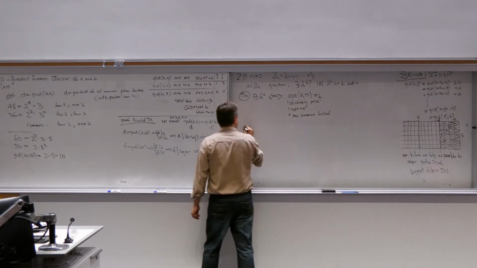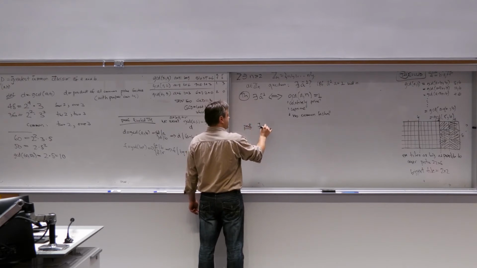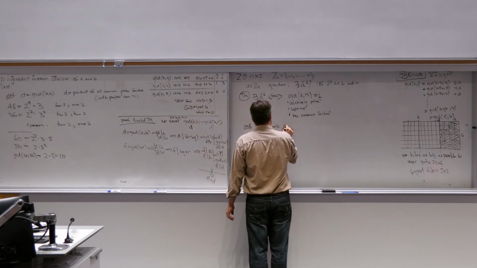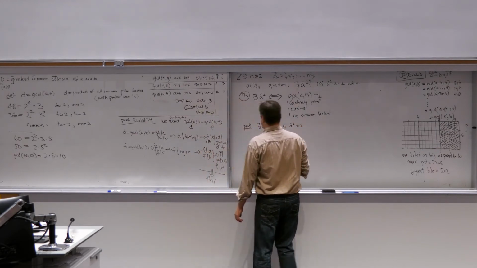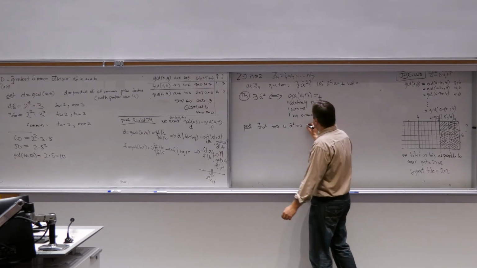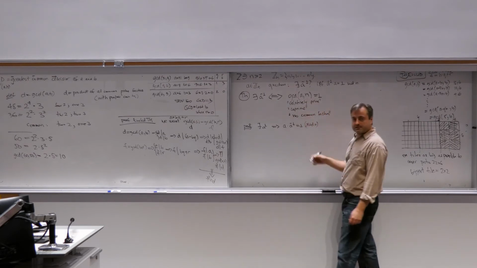So let's do the easy part, the proof. If there is an inverse, this is a trivial proof. What does it mean? A times A inverse has to be 1. That's what it means to be an inverse. Modulo n. I'm not always going to say modulo n because everything is modulo n.